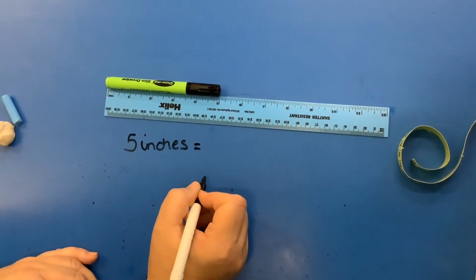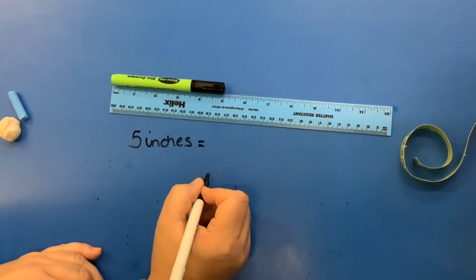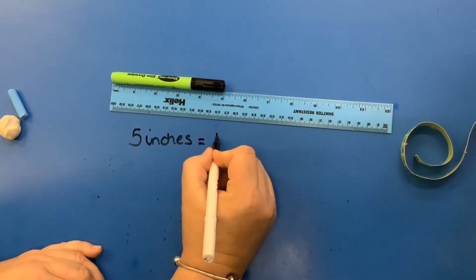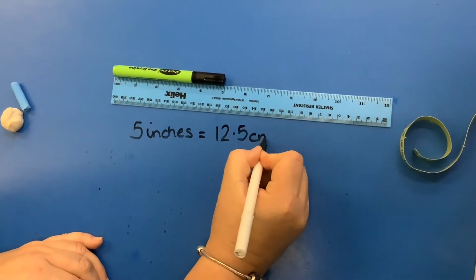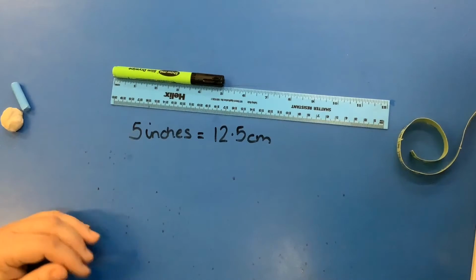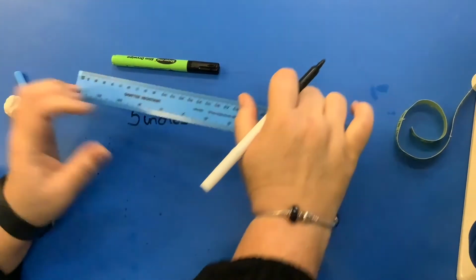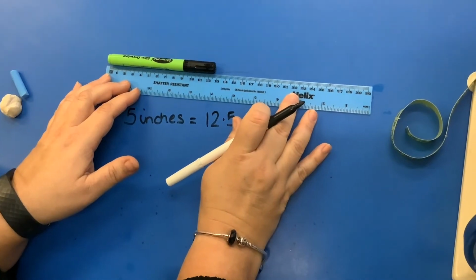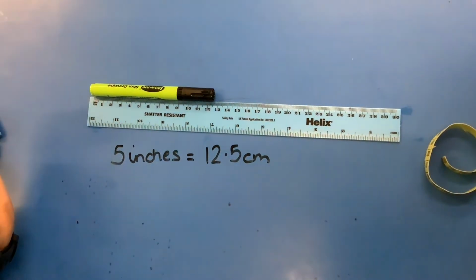So my maths is 5 times 2.5, which will give me 12.5 centimetres. And then I could check whether I'm right, because I could use the other side and measure there. And yeah, that's right, 12.5 centimetres.